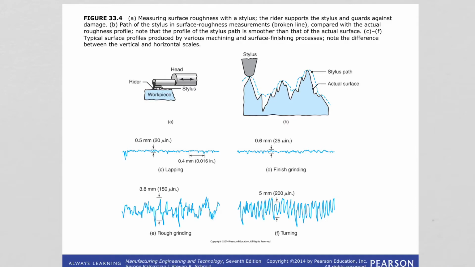You have grinding, turning, and lapping finishing operations, some of which we covered. Anyhow, those finishing operations can result in different types of surface roughness values. So this is just to give an idea: depending on the different types of machining or surface finishing, you might end up with different roughness values.